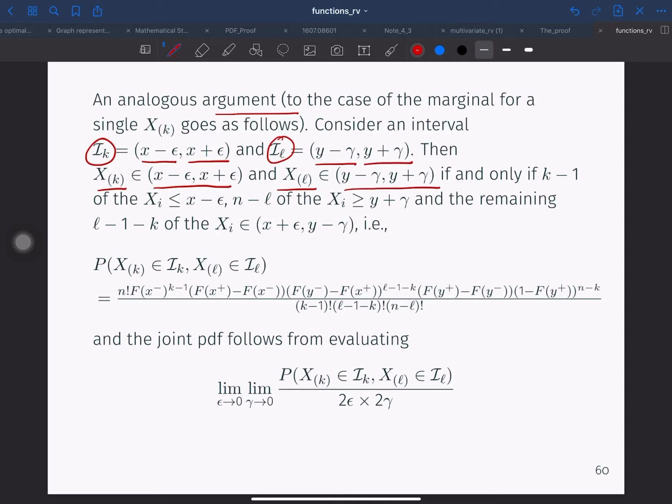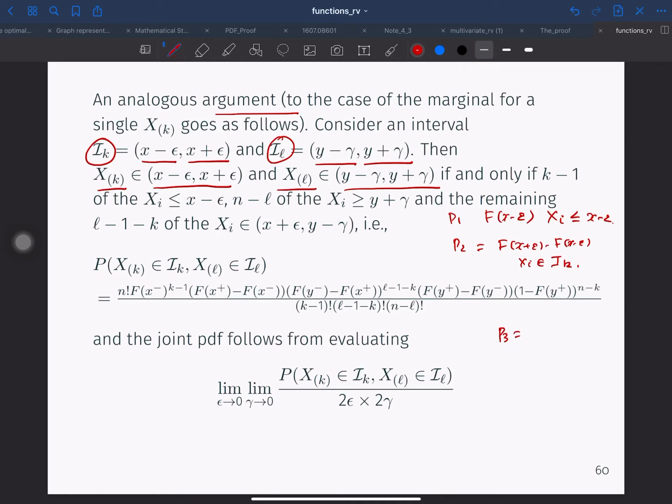So the first one, p1, is F of x minus epsilon, for the case when Xi is less than x minus epsilon. p2 is F of x plus epsilon minus F of x minus epsilon, in the case when Xi belongs to Ik.